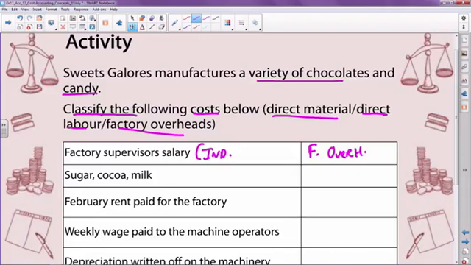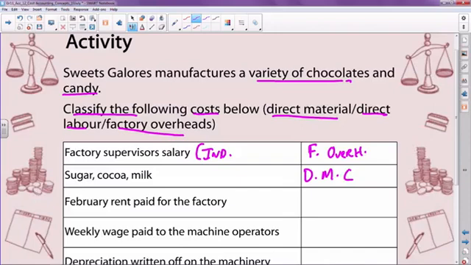Right, let's look at the next items. So you've got sugar, cocoa, and milk. And remember, this business manufactures chocolates and candy. So immediately, these items would be the ingredients or the raw materials used to manufacture sweets or even chocolates. So this would be classified as your direct material cost.